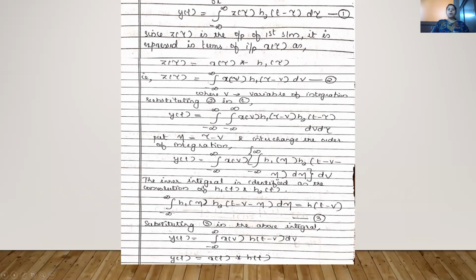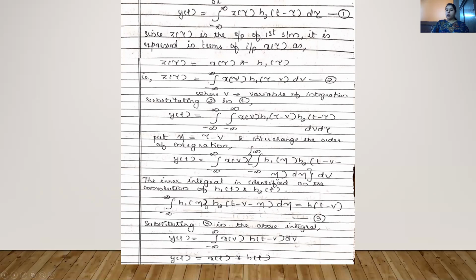Now just see, only consider this inner integral alone. Actually, this inner integral varies with respect to eta now. So now just assume this integral alone. It is h1 of eta, h2 of t minus v minus eta. So can we write this equation in this form?